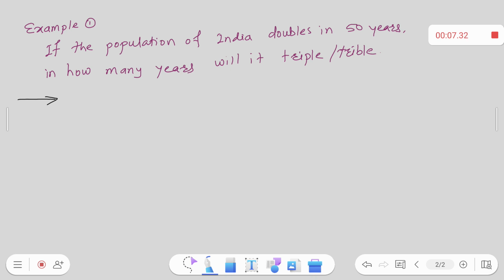Here we use growth because in 50 years it doubles, and we find the total number of years when it will triple, or become 3 times.